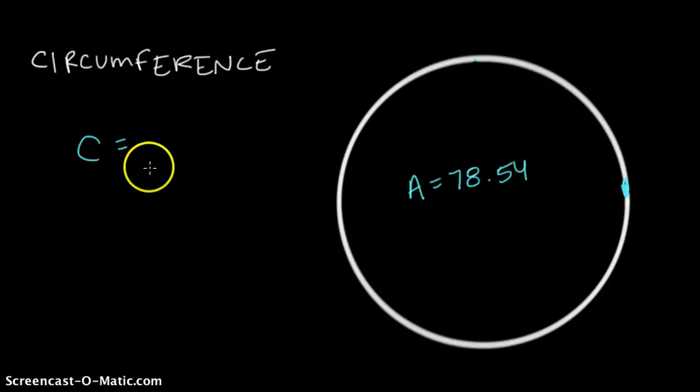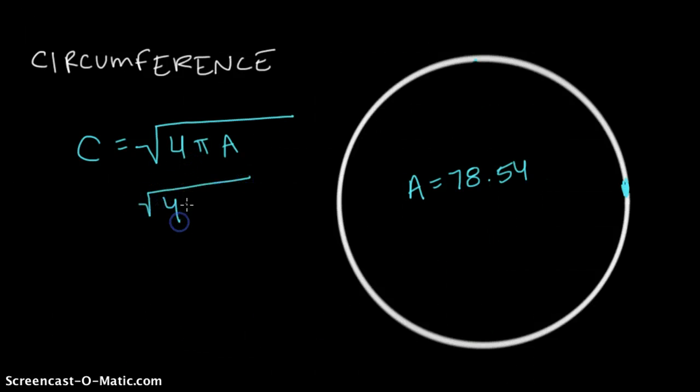The formula would be circumference equals the square root of 4 times pi times the area. In this case, that is 4 times pi times 78.54.